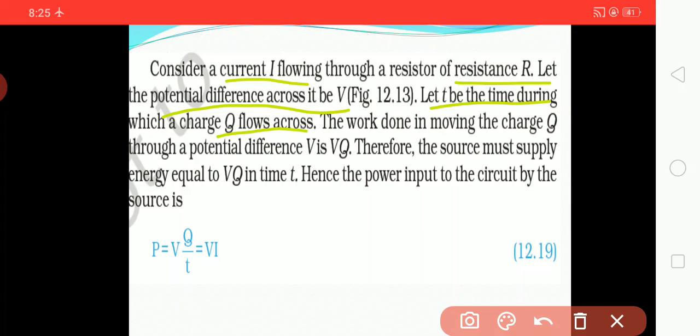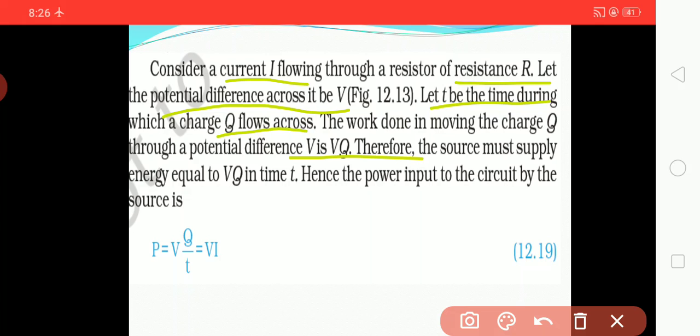The work done in moving the charge through the potential difference V is VQ. If we talk about the work done, it will be the product of charge and potential difference, that is VQ.